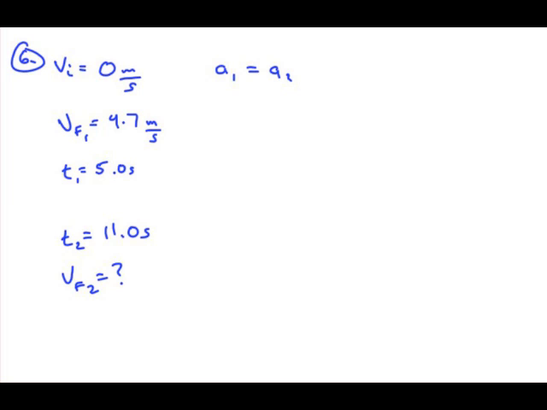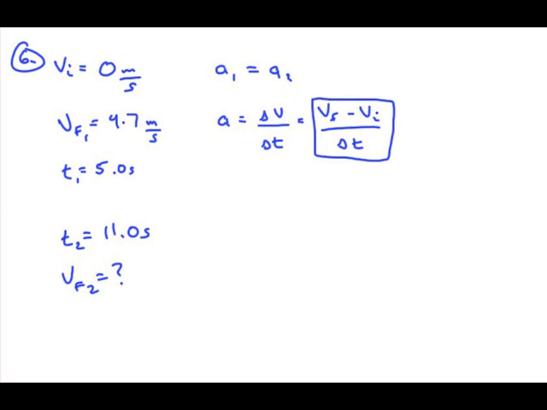If we recall that any acceleration is the change in velocity, that is delta v over delta t, which is the same as final velocity minus initial velocity over delta t, then that means that we can set this 1 equal to that 2.